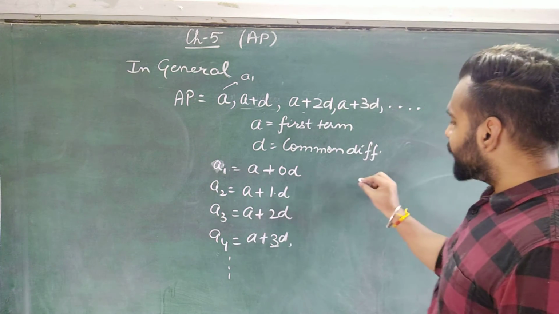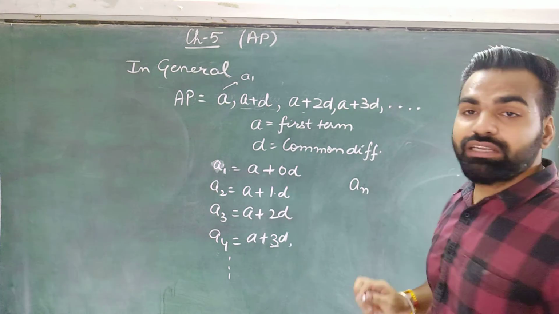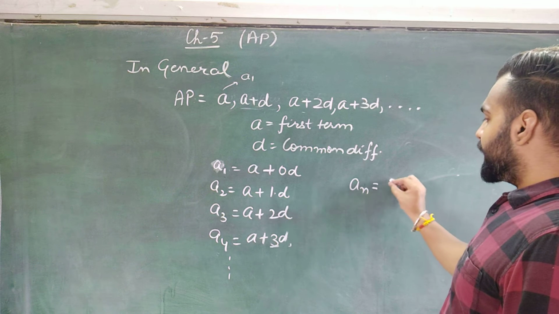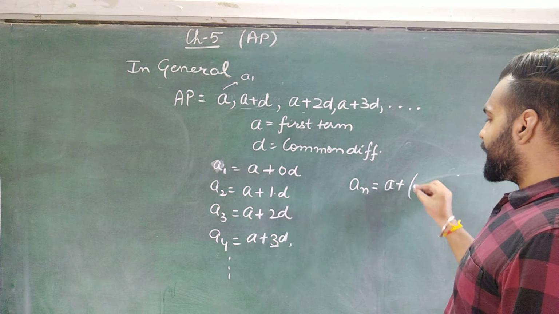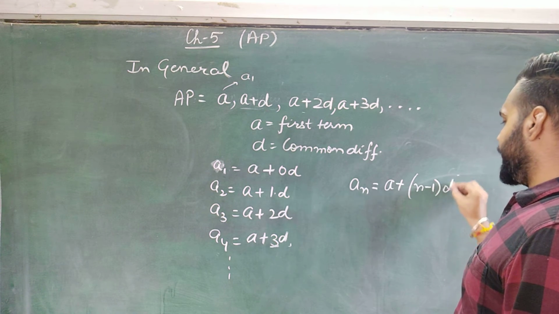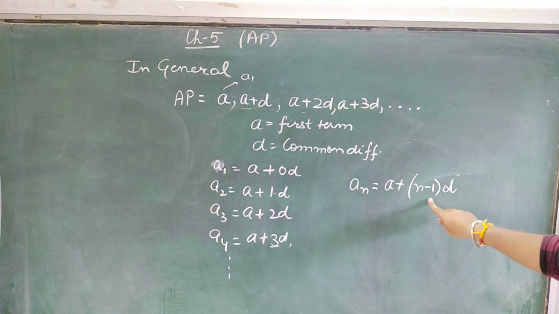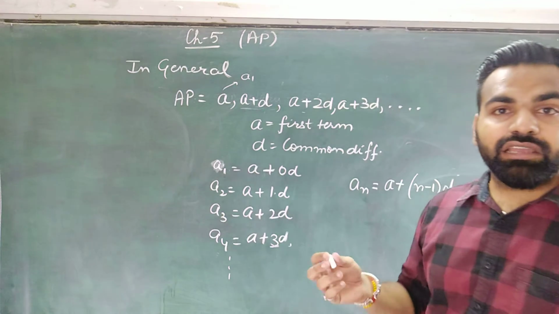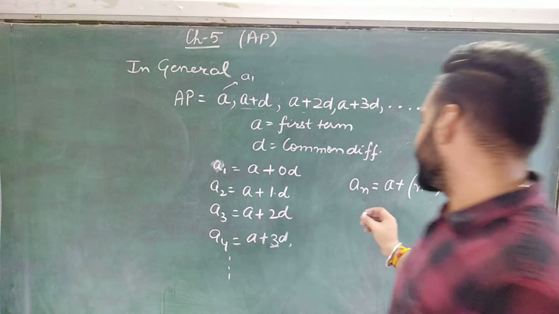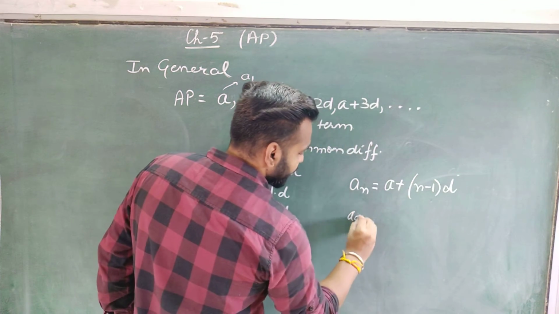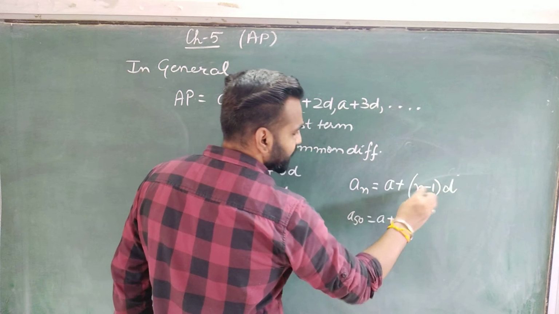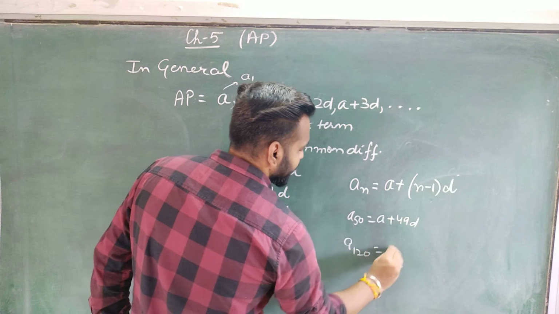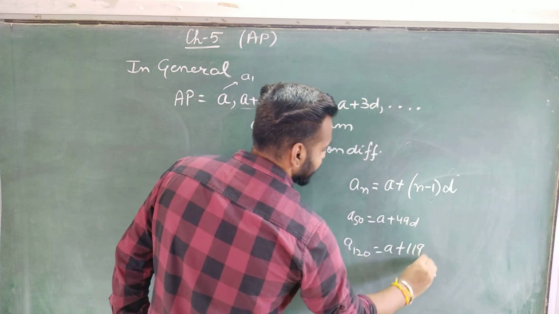So if we are talking about the nth term, an will be a plus n minus 1 into d. If we are taking the 50th term, a50 for example, a50 will be a plus 50 minus 1, that is 49d. a120 will be a plus 119d.